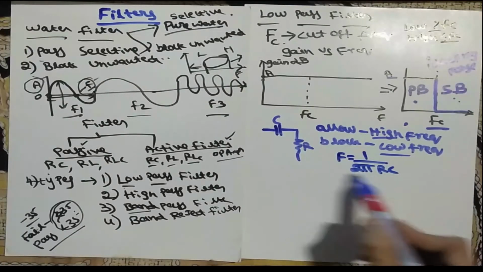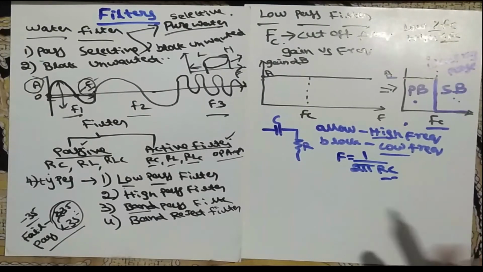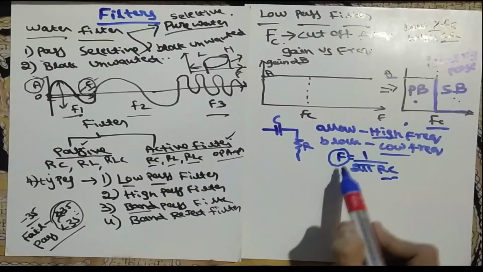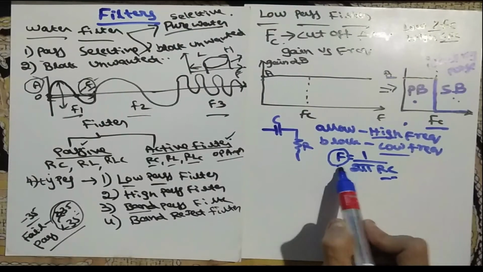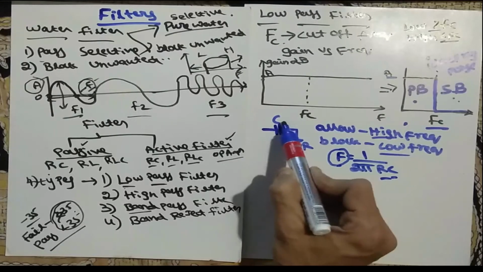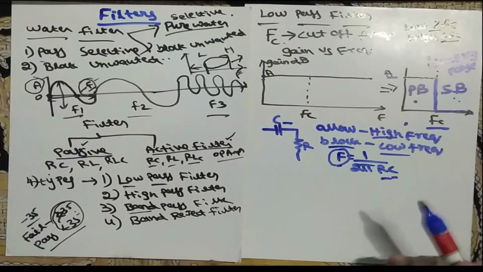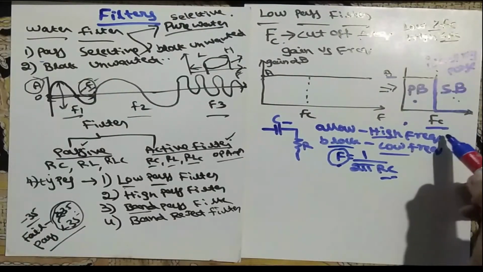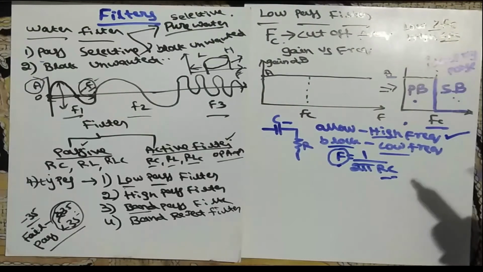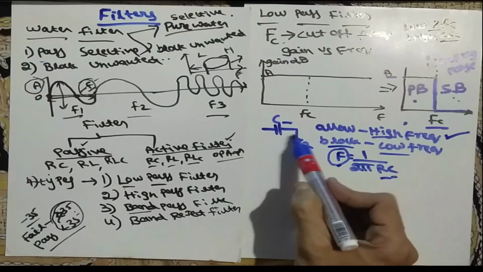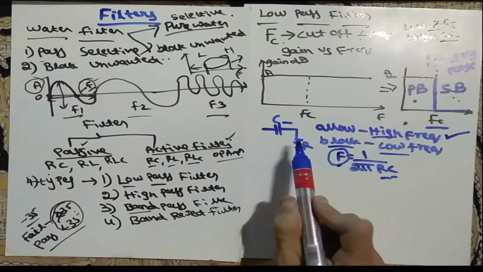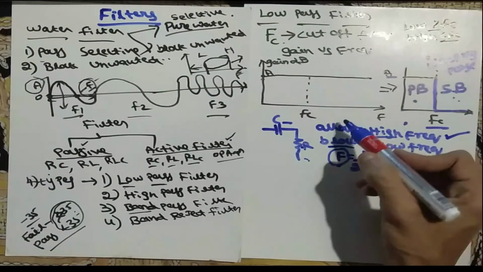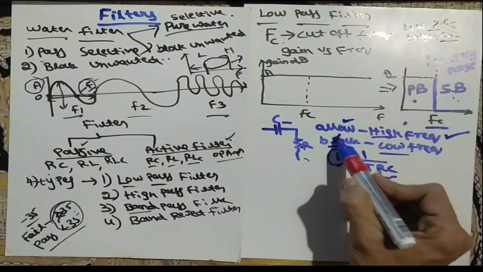According to the capacitor and resistor values, we get some particular frequency. Below that frequency the capacitor will block the signal, and above that frequency the capacitor will allow it. So the capacitor and resistance values decide what frequency it has to allow and what frequency it has to block.